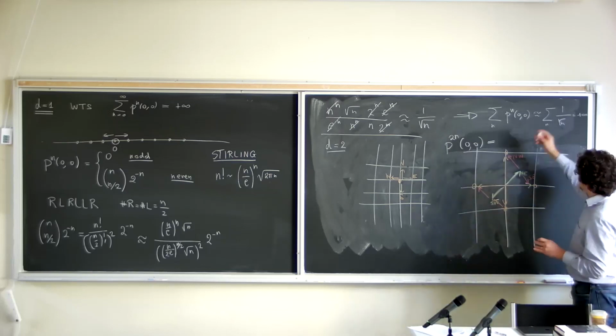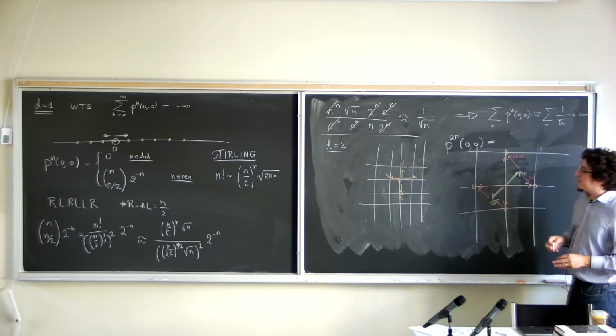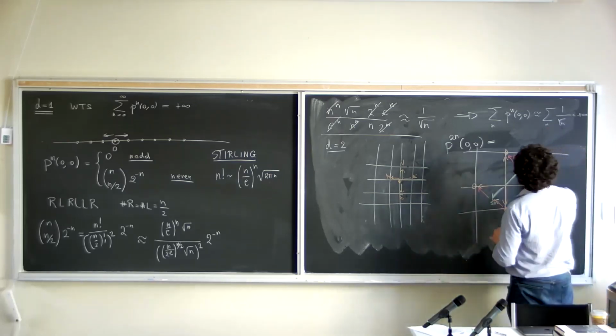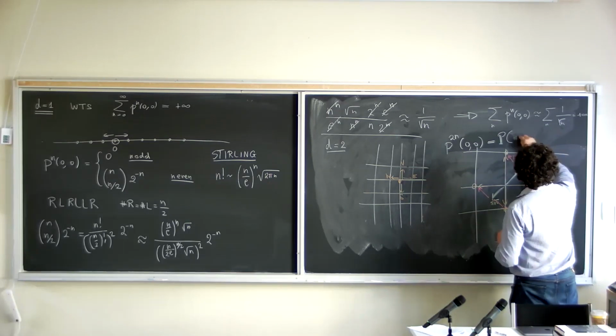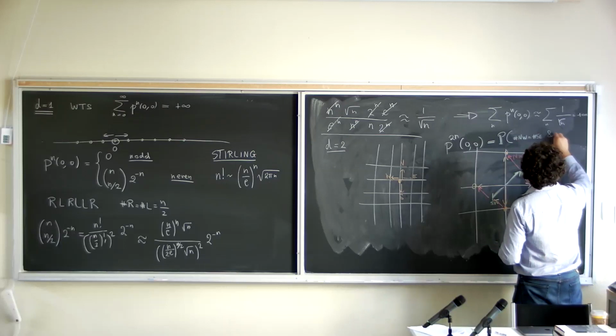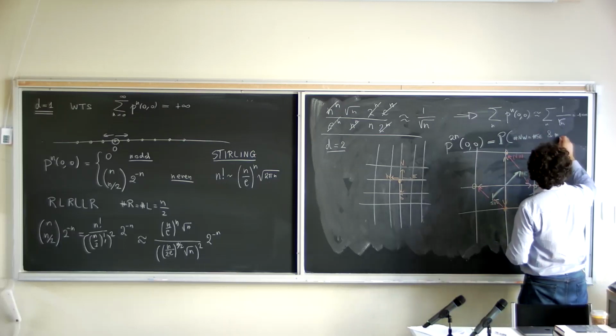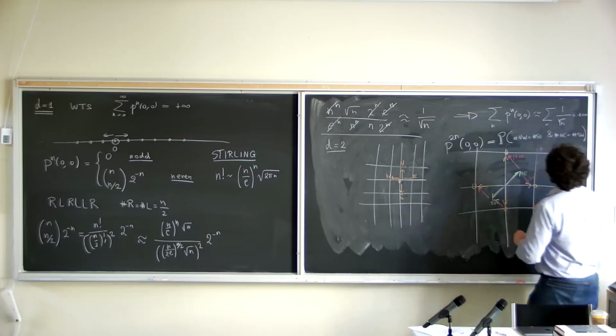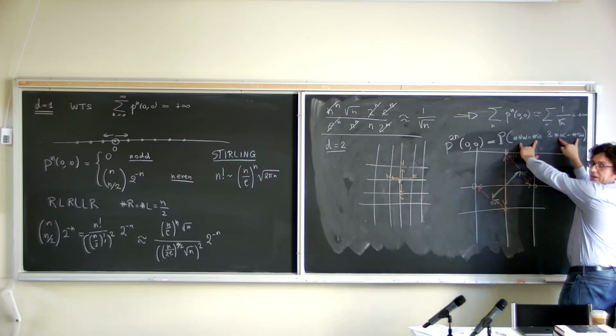Yeah, it's the same thing. It's just the square of the previous one, basically. Because again, this is the probability that the number of northwest choices equals the number of southeast choices, and the number of northeast choices equals the number of southwest choices. But these two things are completely independent of each other.